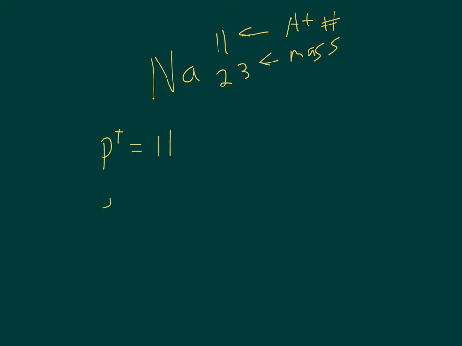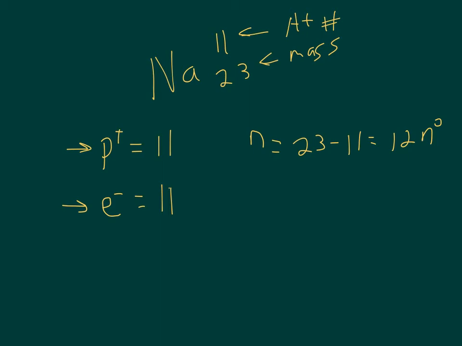The number of electrons, if it's a neutral atom, would also be 11 because the positive from the protons has to equal the negative from the electrons to give a net neutral charge. You could also find the number of neutrons simply by taking the mass, 23, minus the number of protons, 11, to give us 12 neutrons, neutrally charged neutrons. And that's what we were doing last class. We were figuring out the protons, neutrons, and electrons for a typical neutral atom.